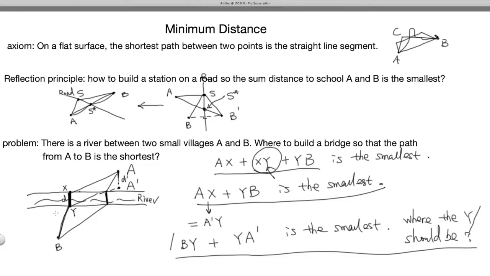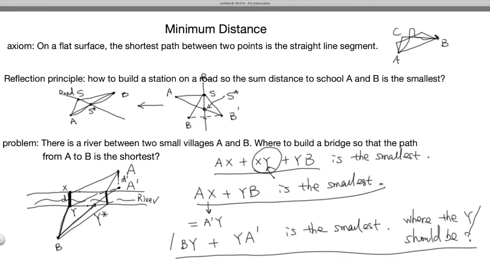This is the same problem as having two villages on two different sides of the road, where I'm going to build a station S star such that the sum of the distances to A and B is the smallest. So in here, when I bring A down to A prime, really the Y star should be found by connecting B to A prime. This is the best location to build a bridge.